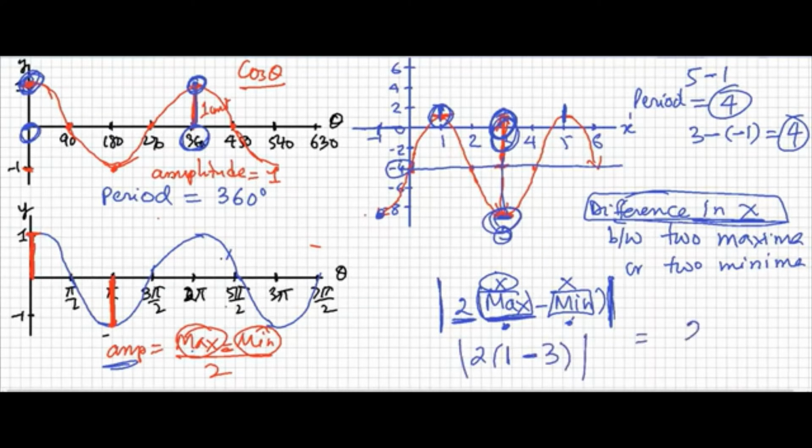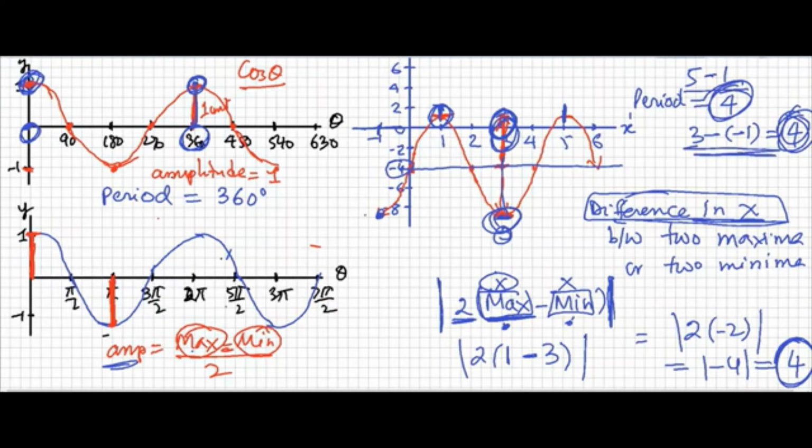So the answer is 2 times absolute of minus 2, which is 4. We got 4, the same period, by 3 different methods: difference between maxima, difference between minima, and difference between maximum and minimum multiplied by 2, with absolute if it is negative.